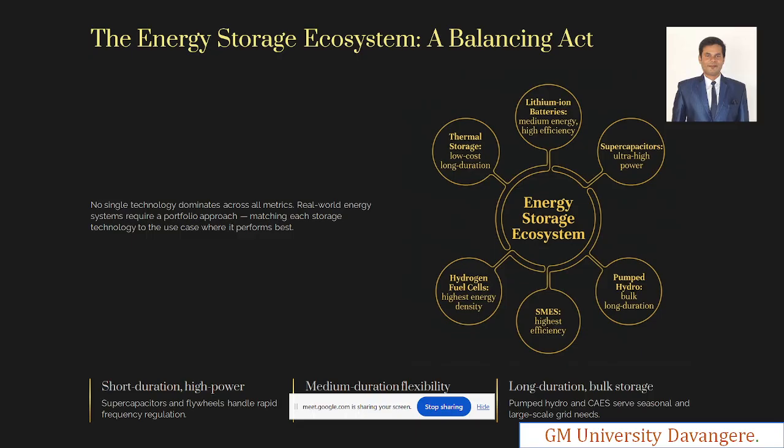For example, I told you about supercapacitors, which can be used for high power and low energy densities. And if you go for SMES, which has high efficiency, we have to compromise on the other two parameters, power as well as energy densities. So this is the ecosystem where we have to see the various parameters with respect to the various storage technologies and how we are going to use them in different ways.